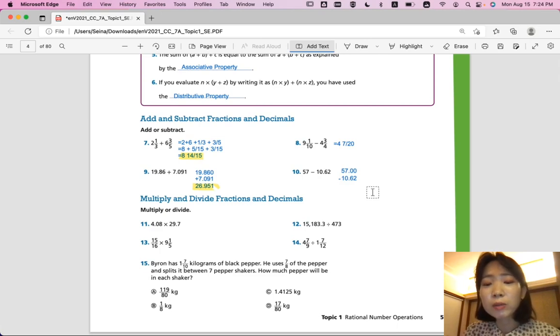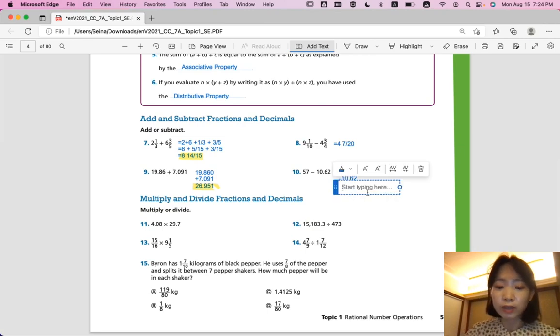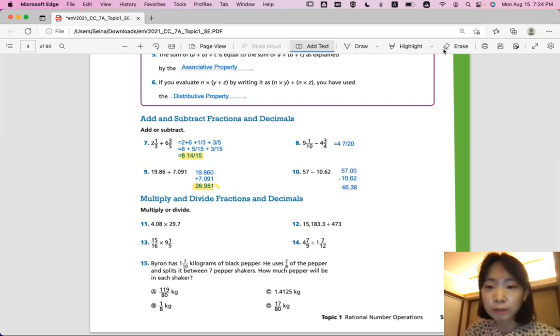Okay, and now subtracting 0 minus 2, you need to borrow 1 from 0, which doesn't have any, so 7 is borrowed to become 6, and 10 becomes 9, and now you have a 10 minus 2. And then you have 8, and you have 9 minus 6, 3, you have 6 minus 0, 6, and finally 5 minus 1 is 4. So you get 46.38 as an answer.